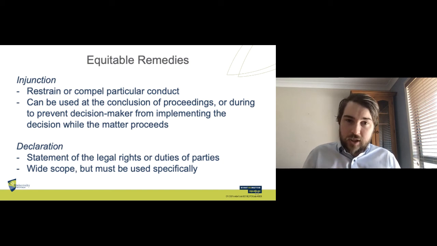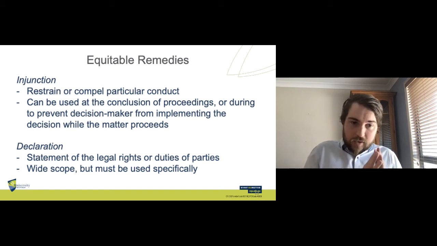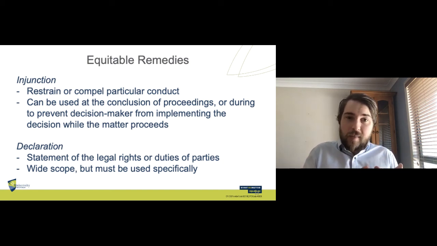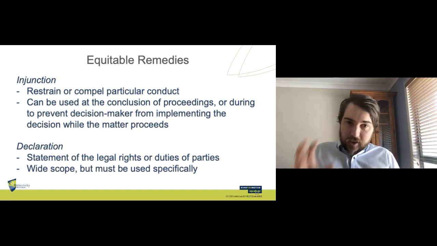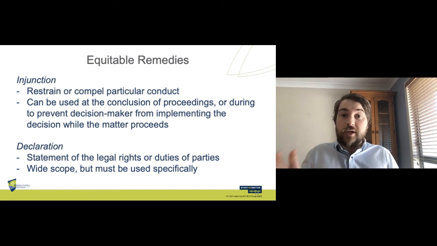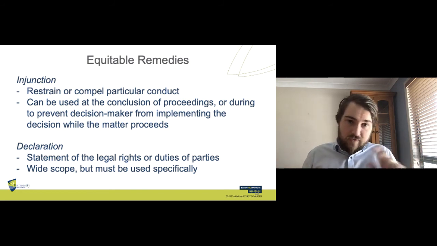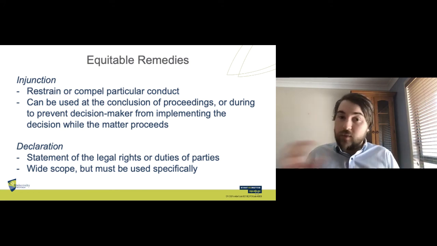So an injunction can be sought as an interlocutory remedy while we go through the main judicial process and actually try and review the decision itself. We might, as a first step, get an injunction to stop a decision maker acting on a decision that they've already made that we want to challenge.